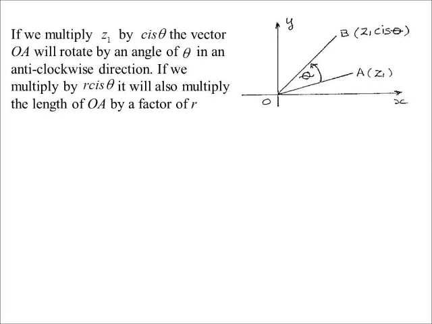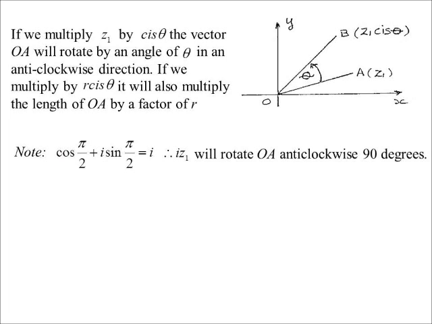Now here's a really important idea, and we've talked about this. If that rotation is 90 degrees, we end up multiplying by i, because cis 90, or cis pi on 2, turns out to be i. You've got cos plus i sine. Cos of 90 is 0, sine of 90 is 1, so we're just multiplying by i.